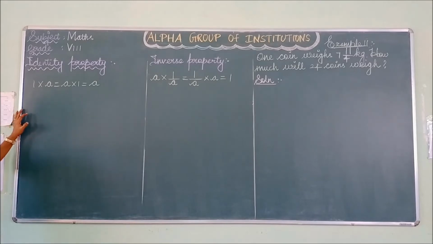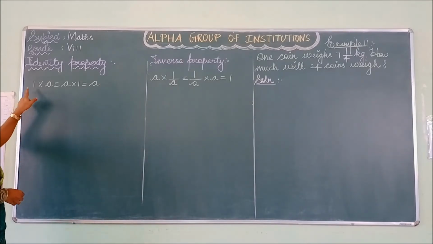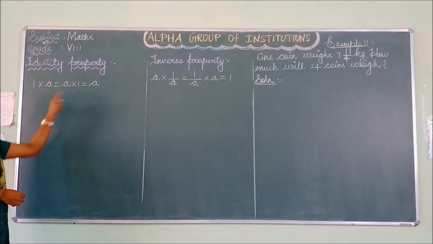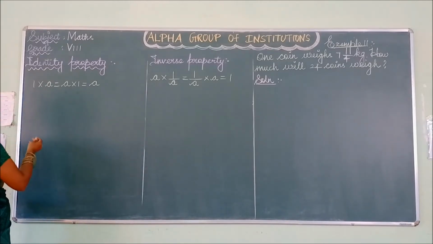Our next property is identity property. What is the property? For any rational number A, there exists a unique rational number 1 such that 1 into A is equal to A into 1, which is again A. This condition we have to check.